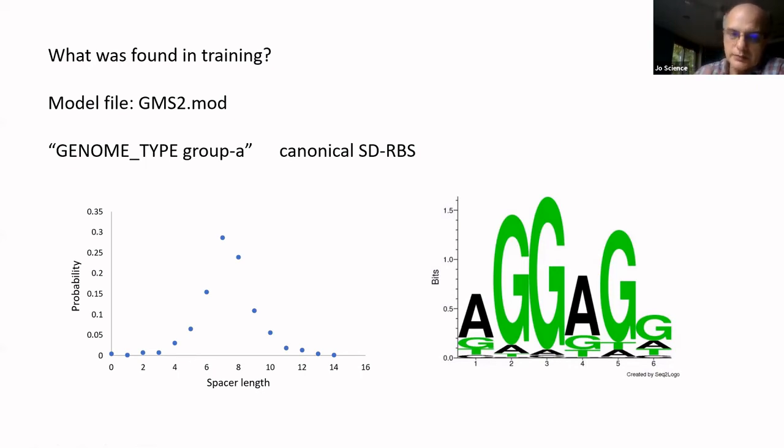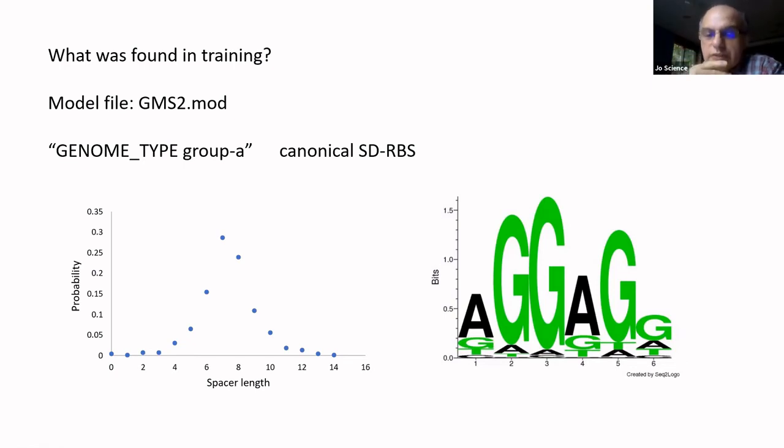And what we have on the screen right now is a logo of the motif which was found by GeneMark S2 training. And this is this AGG. It matches perfectly the mechanism of Shine-Dalgarno.